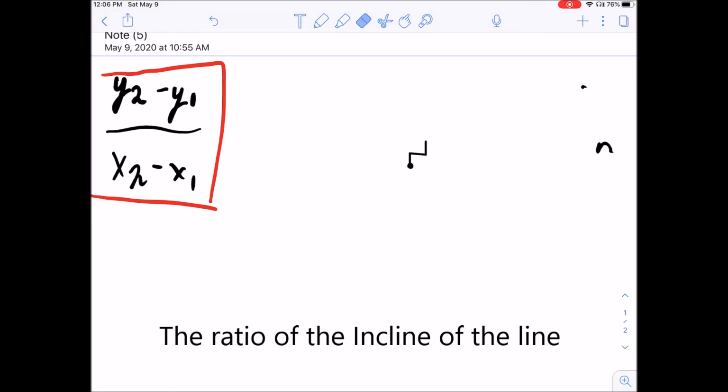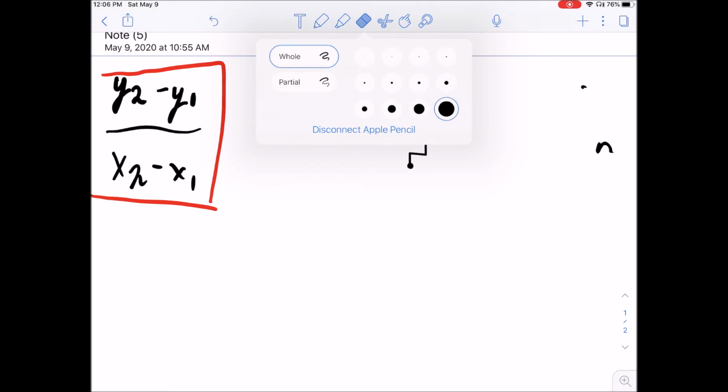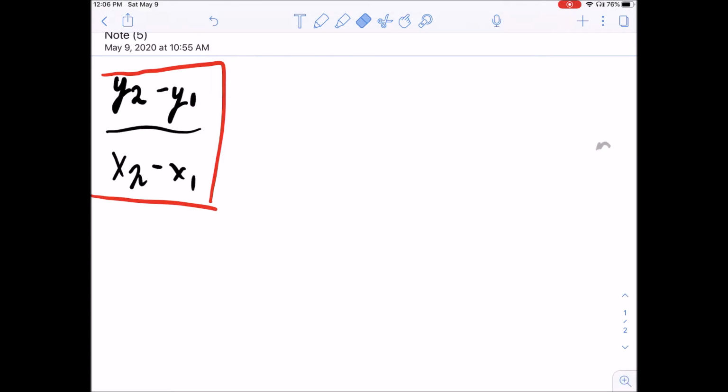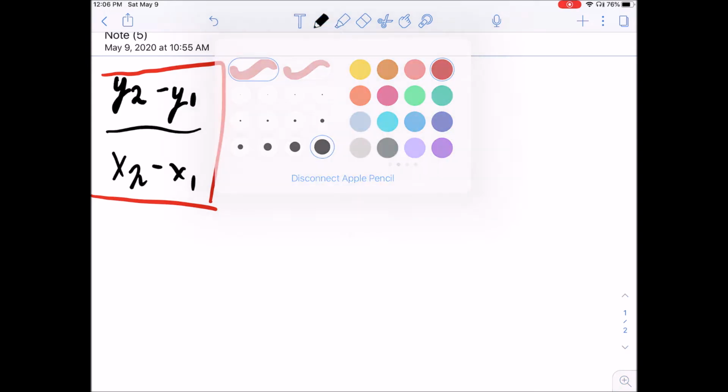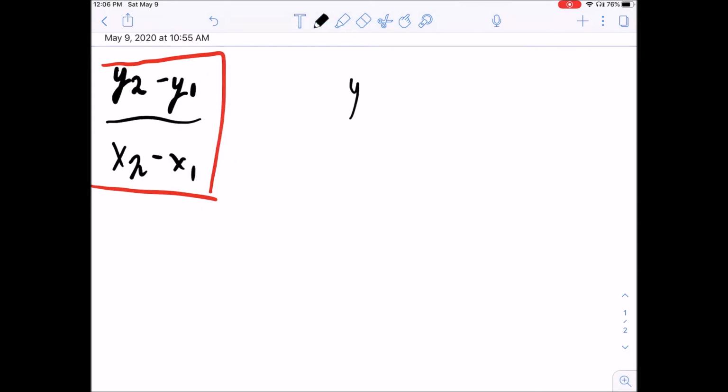So let's now, I should make this eraser bigger. Alright, now let's do a harder one. We have y, let's go for a -3. We'll do 7 and negative 2 and 8. -8.